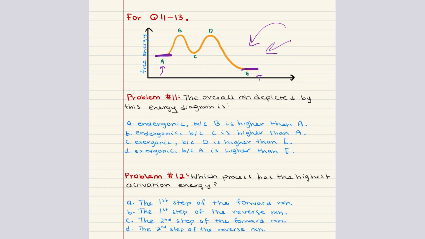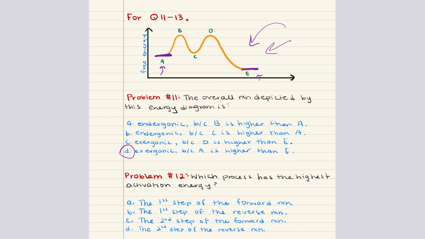What we notice is that the products have lower free energy than the reactants. And that means, based off of looking at the reactant and product, that this is an exergonic reaction because A, the reactant, has higher energy than E, the product. And that means that the correct answer here is going to be D.